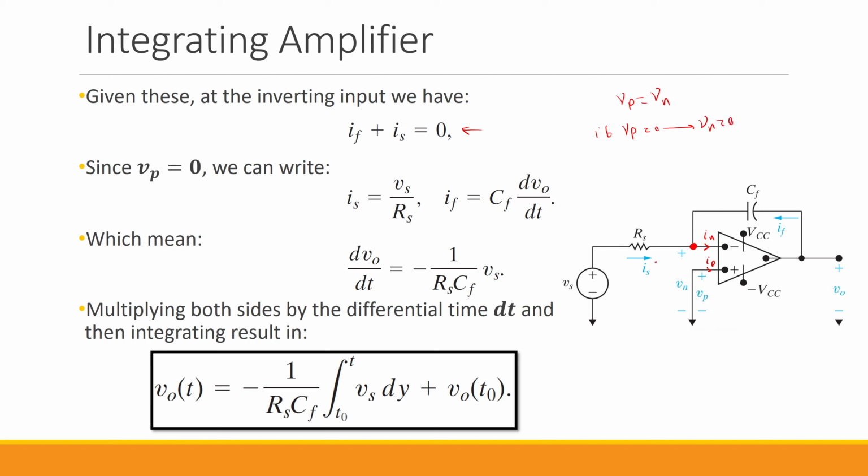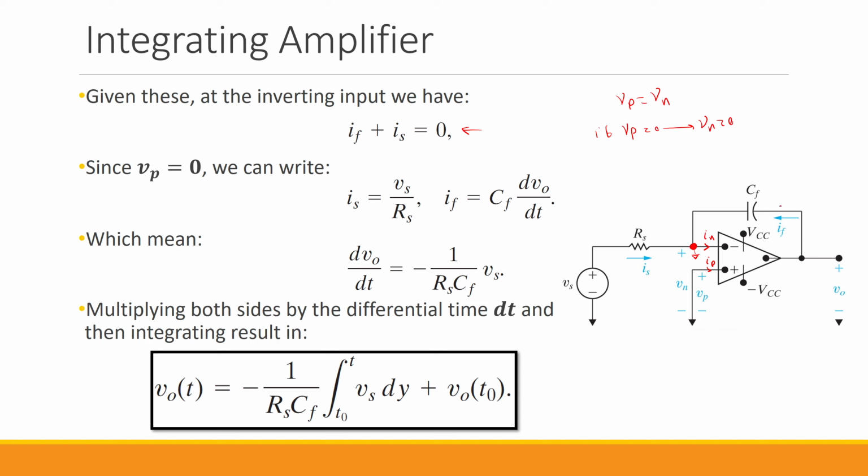So IS is going to be Vs divided by Rs, because this is practically ground, and IF, the current that goes through the capacitor, is going to be CF, the feedback capacitor, multiplied by the derivative of the output voltage with respect to time. Again, this is practically connected to the ground.